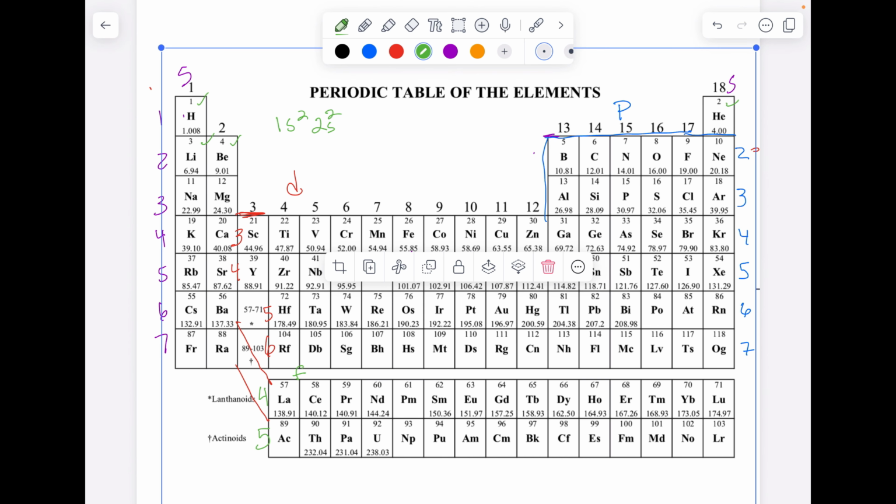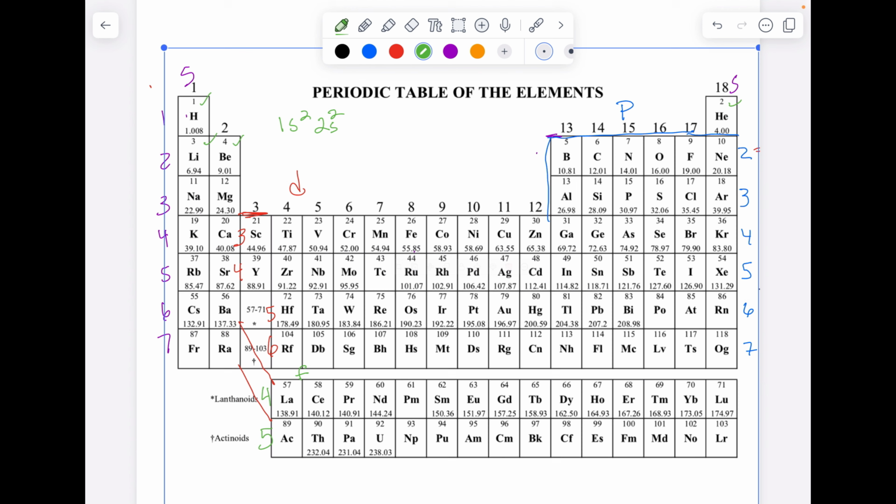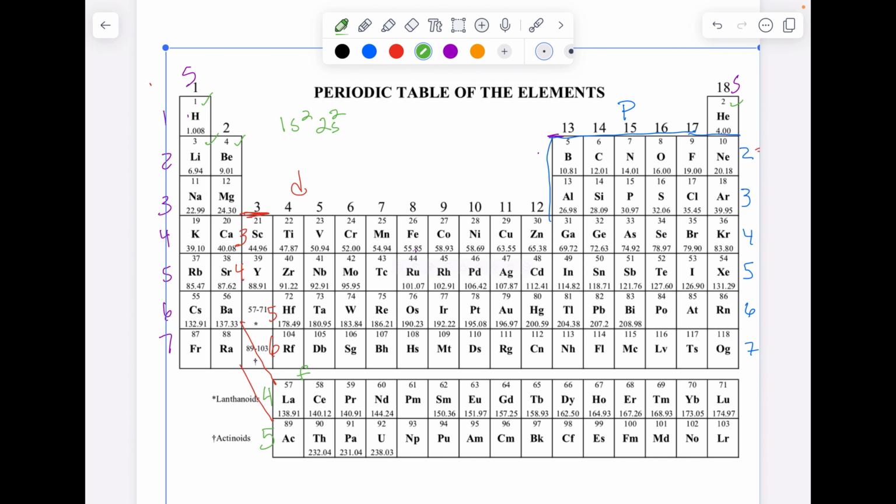And then we come over here. Well, this is our p block, so we have to go to 2p, and then I have 1, 2, 3, 4, 5, 6 electrons that are in 2p. Then I come down here and I have 3s, and I have 2 electrons there.